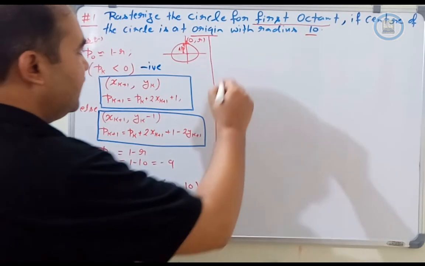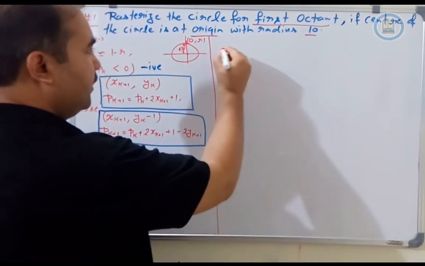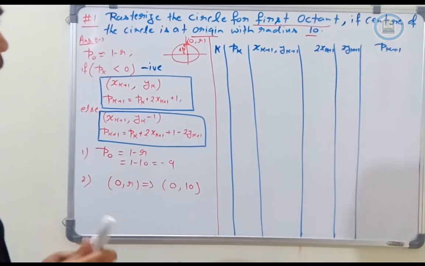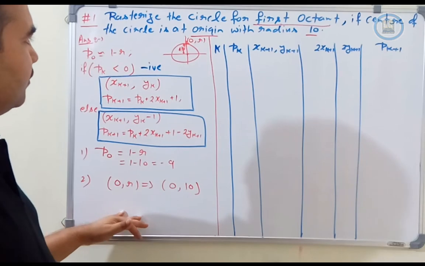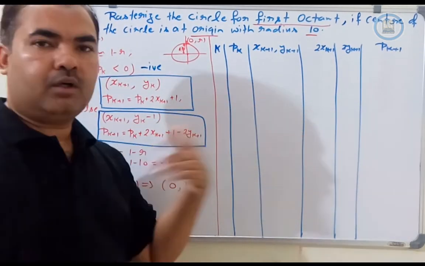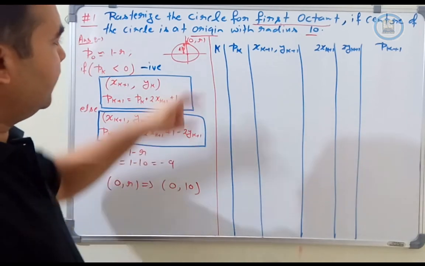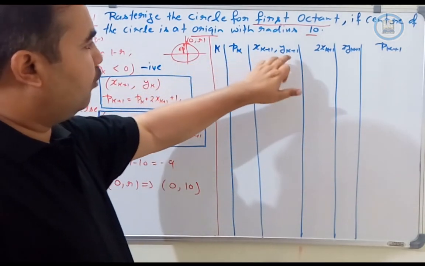We need to prepare a table. While calculating the pixel values with the midpoint circle generation algorithm, we prepare this table. You can see the parametric values of the table here: the index value k, pk, (xk+1, yk+1).